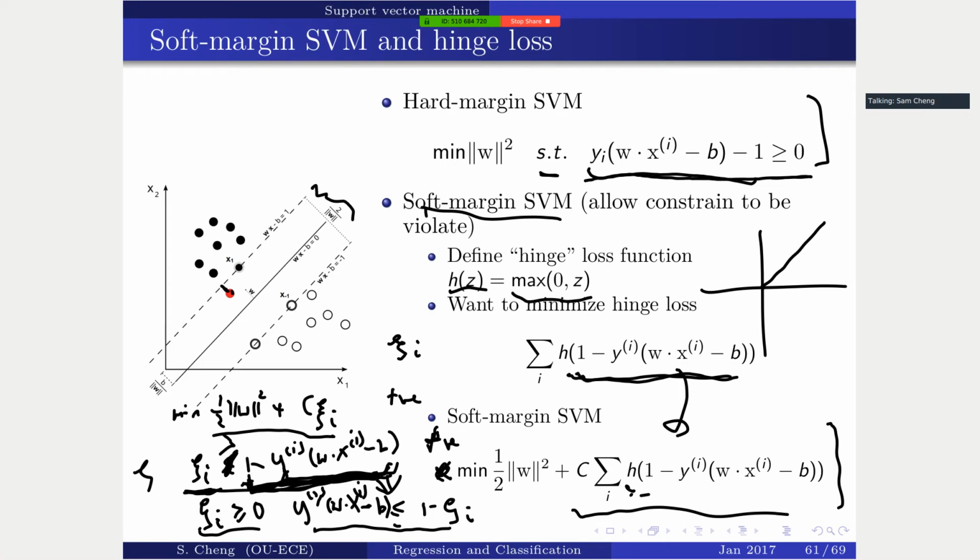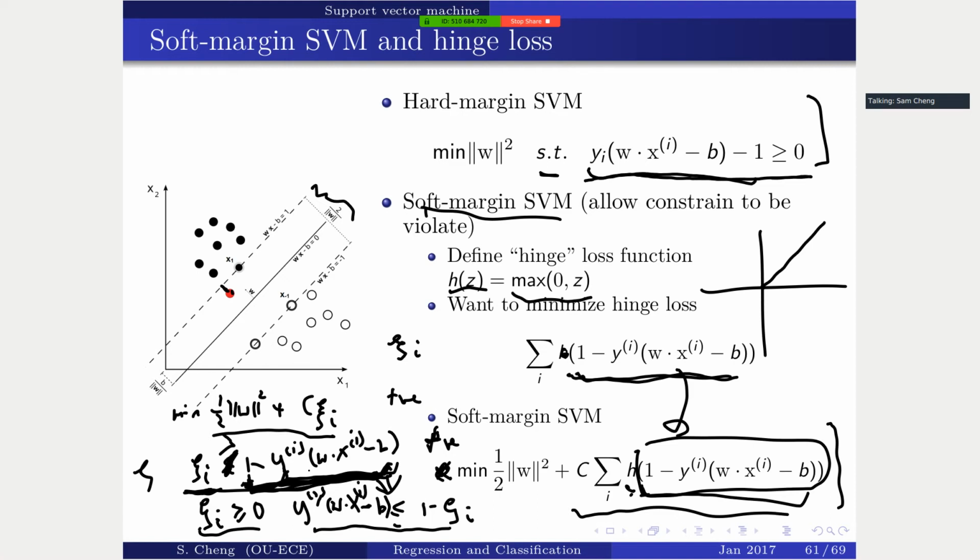I care about this. This is actually my penalty here, right? What I want is that when there's a penalty, it's equal to this guy. Therefore, there are two cases.